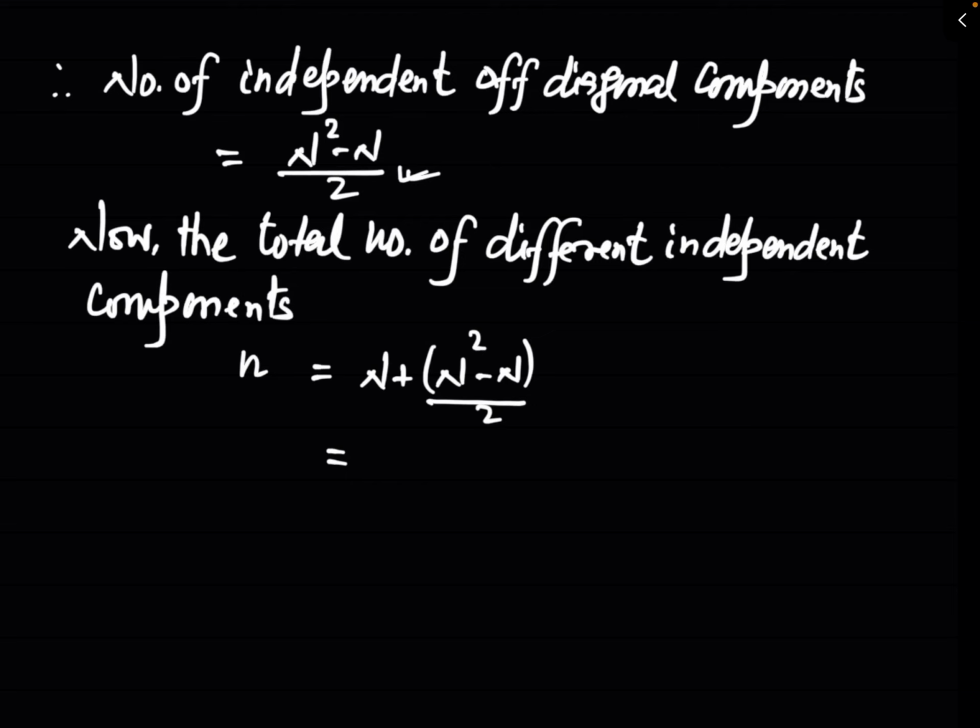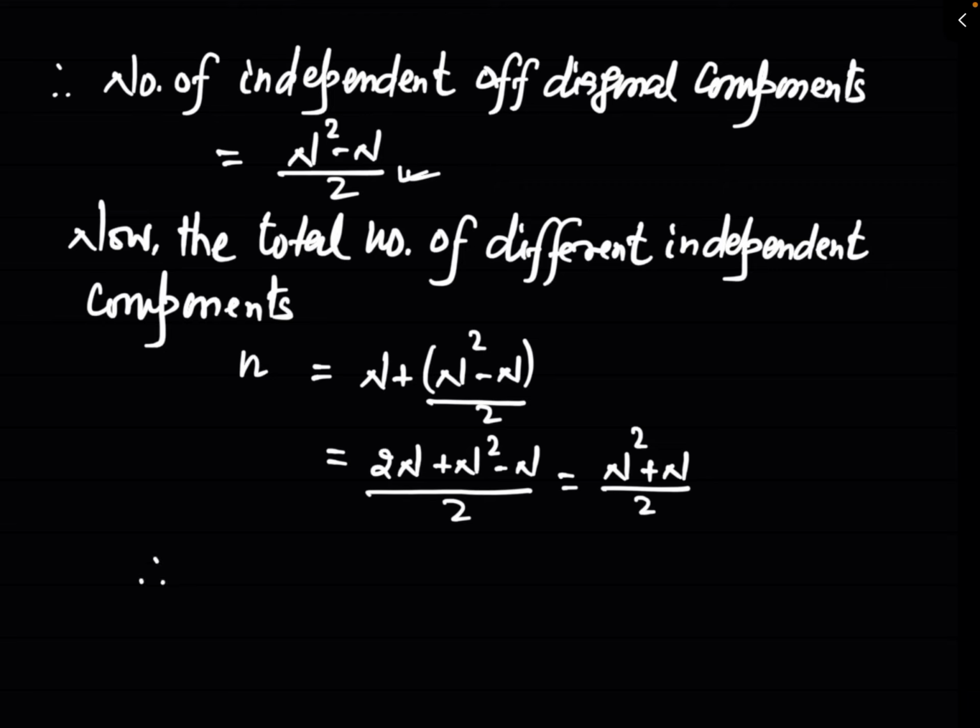And this is equal to what? This will be 2n plus n square minus n over 2, and this is n square plus n over 2.